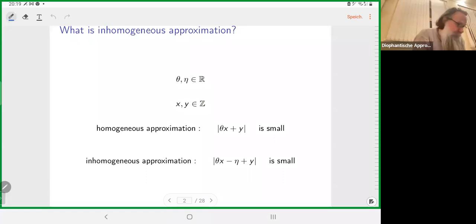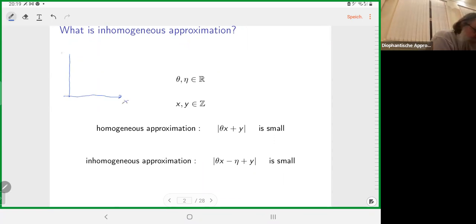First of all, I would like to say what I mean by homogeneous and inhomogeneous approximations. I will start with the simple one-dimensional case. Some of the results which I will speak about are related just to this simple one-dimensional case. So I can draw on the screen a kind of geometric interpretation.